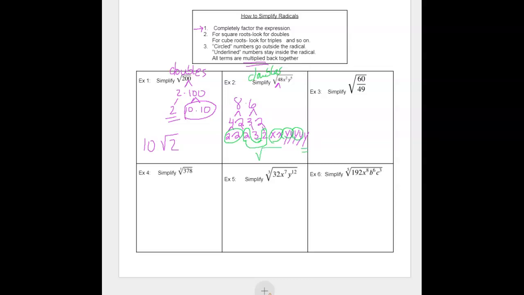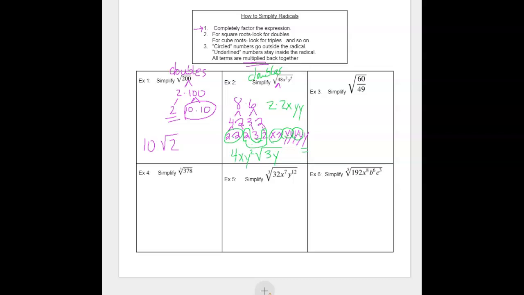I do have some singles, so I'm going to put those inside first. I have a 3 and a y. I have a 2 that comes out, a 2 that comes out, an x, a y, and a y. So if I multiply that all back together, 2 times 2 is 4, 1x, and then I have 2 y's, so that's your exponent. And that would be your final answer.